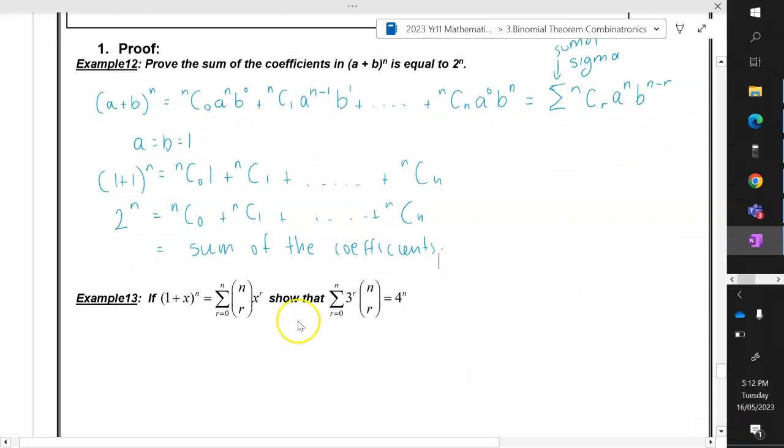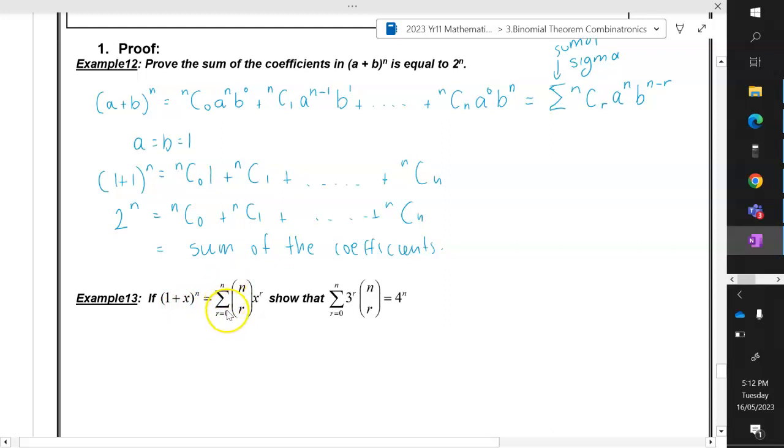Okay, now we're going to be continuing to see this sigma. It's fairly new to us, and what we've got in this question is that (1 + x) to the n, which we can write in expanded form, is equal to the sum from r equals 0 to n.